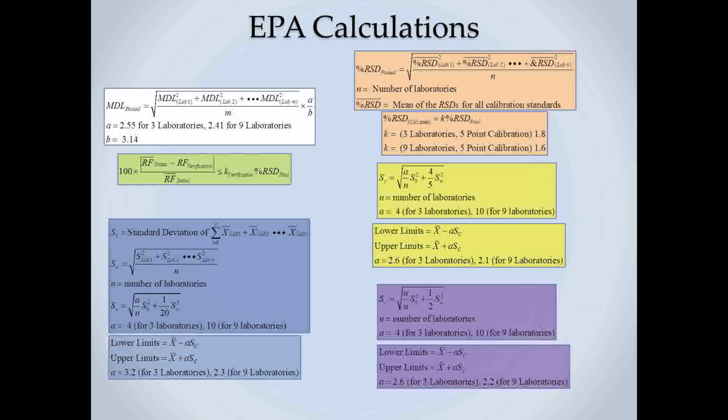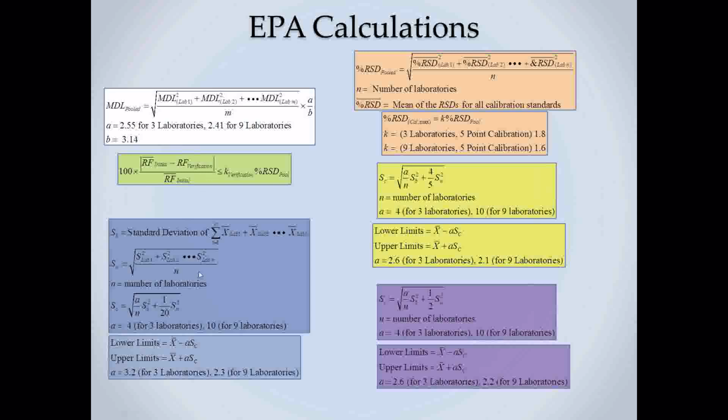All right, and this is from the EPA guidance. We used a pooled MDL. We utilized the pooled relative percent standard deviations, and actually what was the RSD cal max, and we looked at our RSDs compared to that. We utilized the maximum calibration verification calculation.